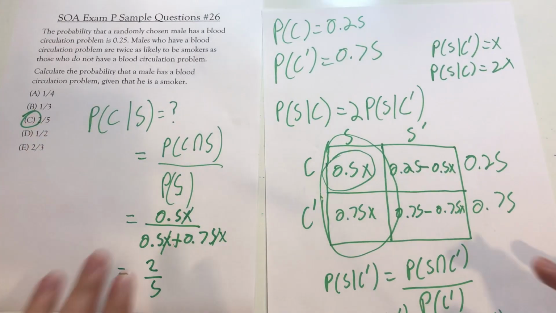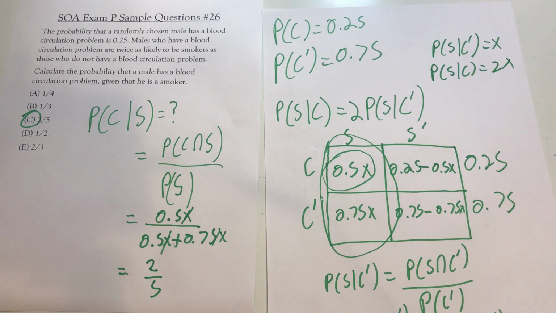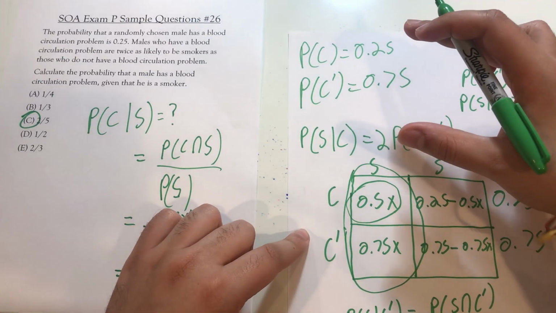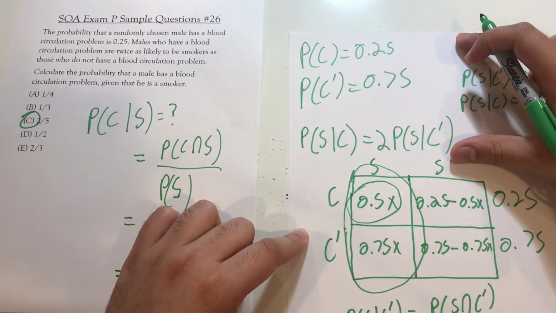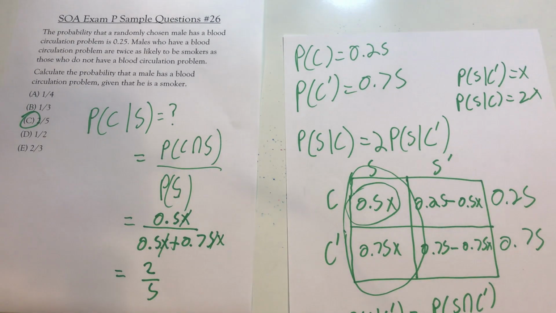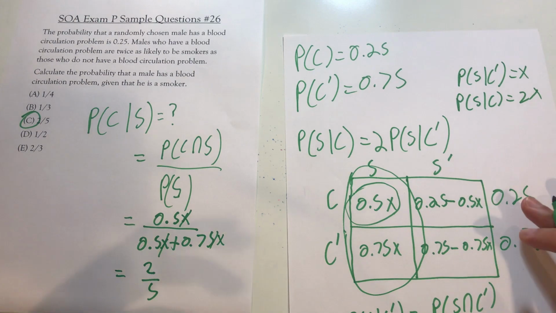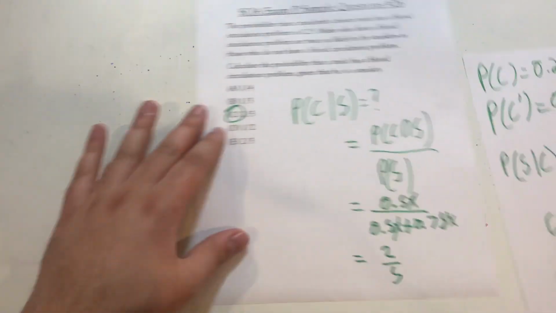Now that's one way of doing it based off a chart. However, if you're not so used to the visualization, instead of going to a chart, you can go straight from here to plugging in the Bayes theorem formula, right? And I'll just quickly do that to the side to illustrate both techniques.